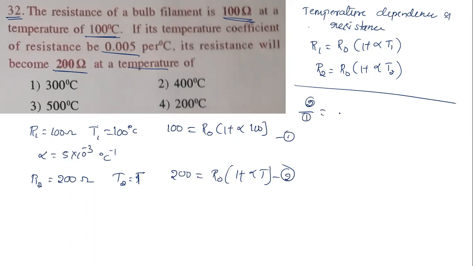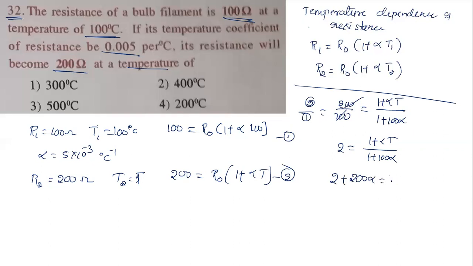Now we're going to get 200 by 100 equal to R0, R0 is going to cancel, 1 plus alpha T divided by 1 plus 100 times alpha. You get what now? 2 equal to 1 plus alpha T divided by 1 plus 100 alpha. Do cross multiplication. 2 plus 200 alpha equal to 1 plus alpha T.